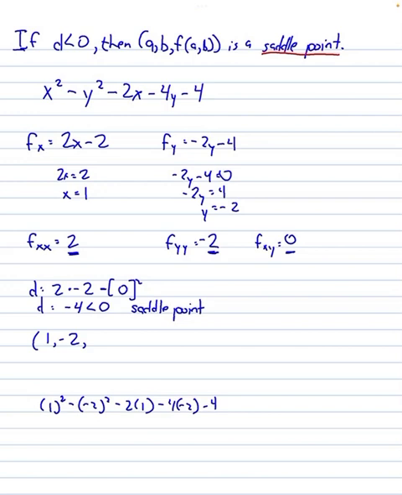Okay, this gives us 1 minus 4 minus 2 plus 8 minus 4. This is going to give us negative 3 plus 6 minus 4, which gives us a negative 1.